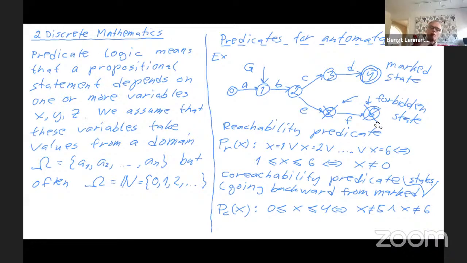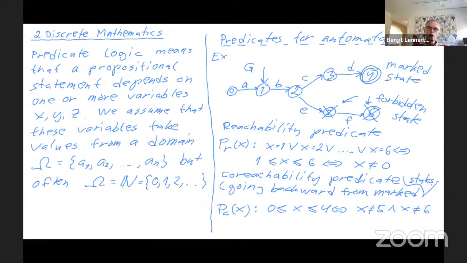So actually, I've already presented here the first basic strategy for synthesis of a controller. Assume that you have this system given. And then I would like to ask for a controller which guarantees that in every state I will be able to reach a marked state.